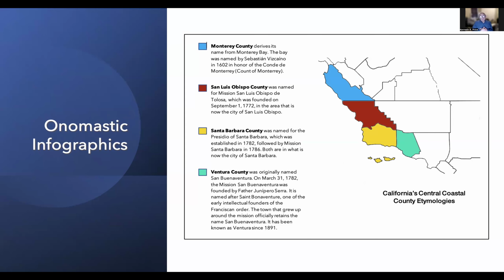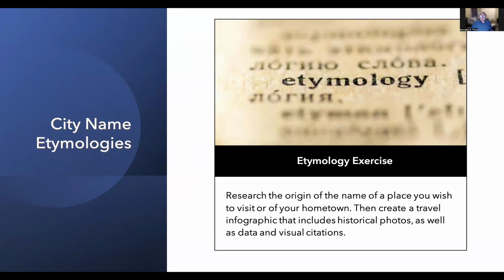This is something that I created for the various central coastal counties in California, where the names for the counties were derived from, the etymologies of these. And what I have them do is create something very similar to this. They write about something they're familiar with, which is their hometown, but also some place where they want to visit. Create a travel infographic, including historical photos.